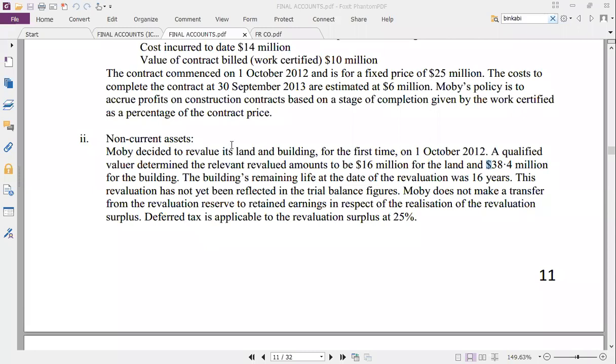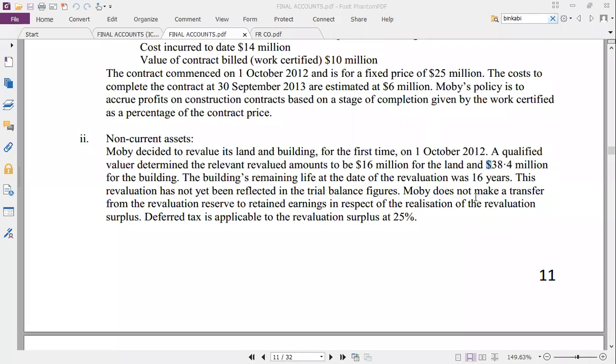Now let's wrap up with this. Okay, I like this question. But there's something in there. They're saying that Mobi does not make a transfer from revaluation reserve to retained earnings in respect of the realization of the revaluation surplus.